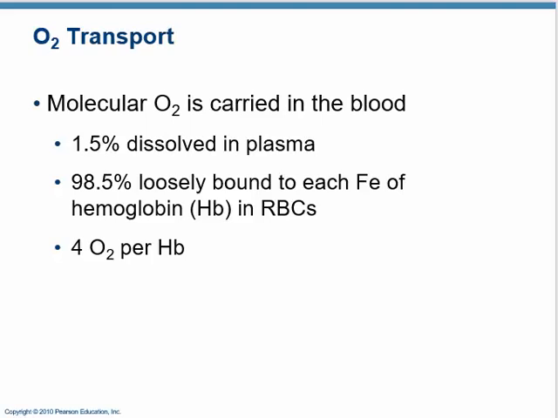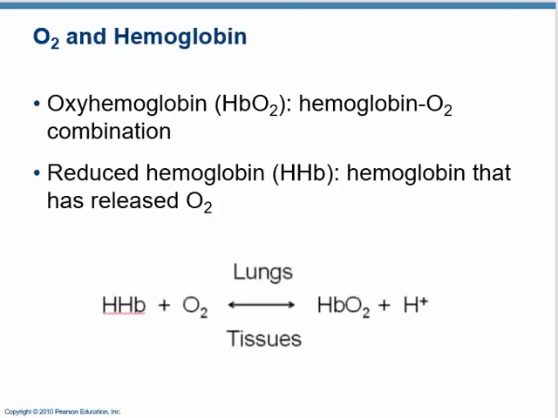Hardly any of it is dissolved in plasma. But if you take that little bit out of the plasma through diffusion, then some leaves the hemoglobin to go into the plasma, and then that leaves. So it's kind of a chain reaction there. Oxyhemoglobin has it, and reduced has less than 4.